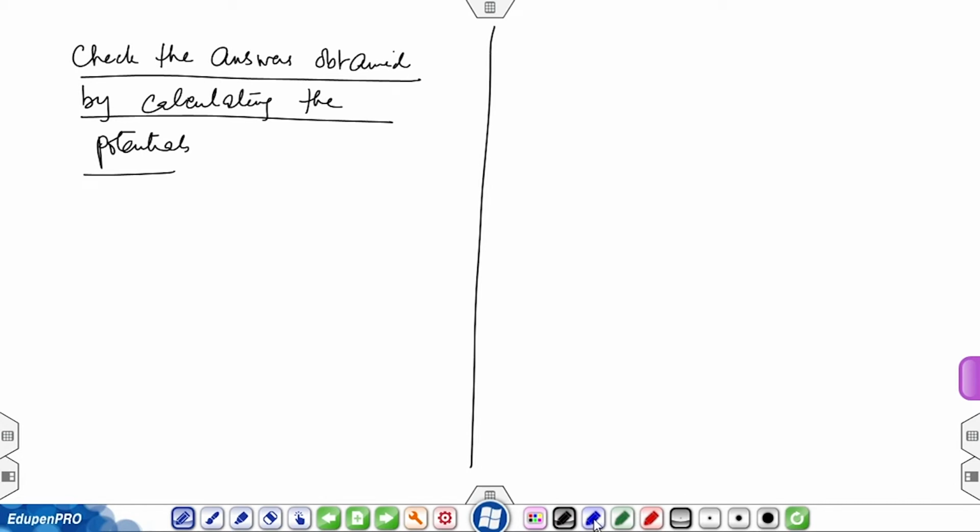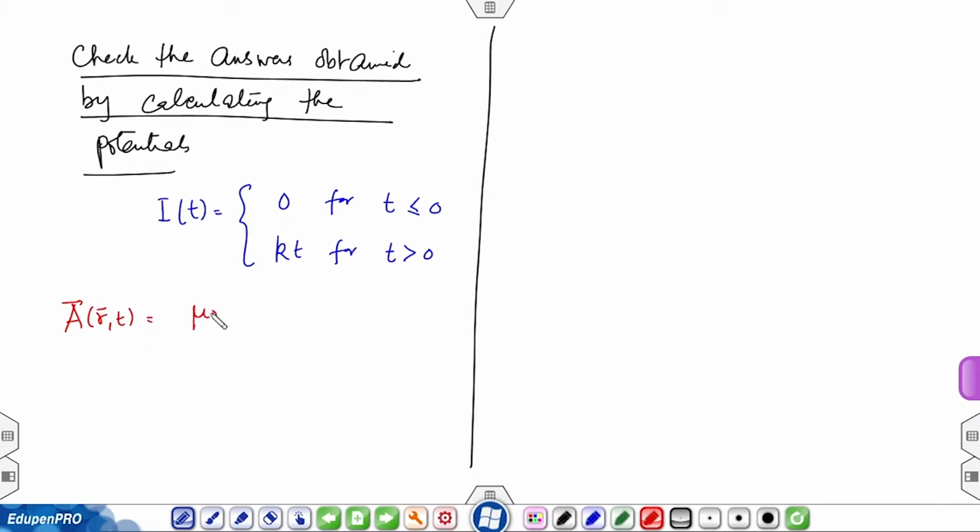So, for the same problem, I(t) equals 0 for t less than or equal to 0 and kt for t greater than 0, and we have worked out J and everything. The vector potential A(r,t) is given as mu naught over 4 pi integration.